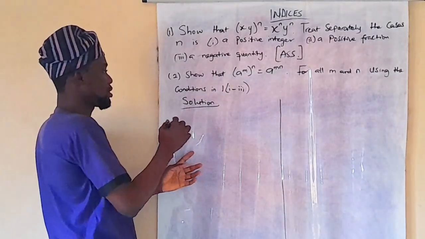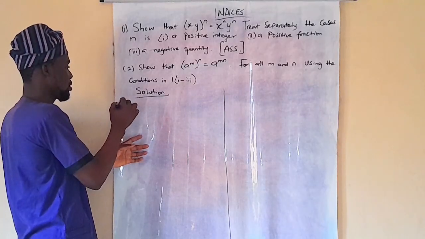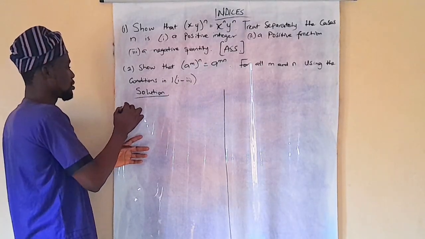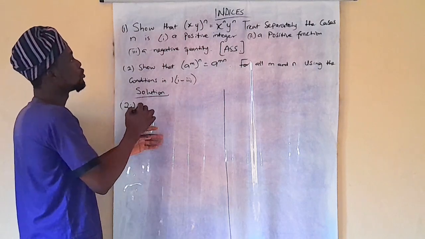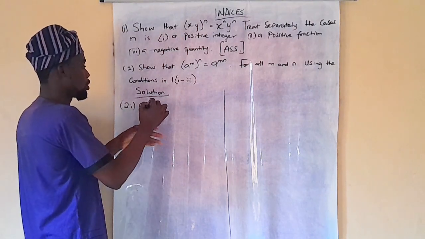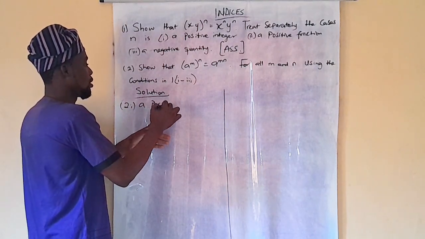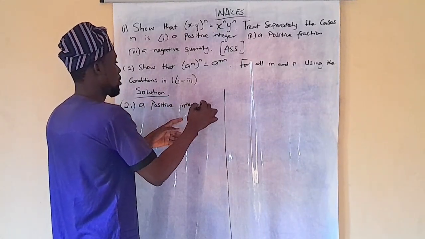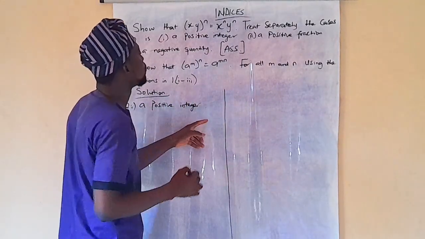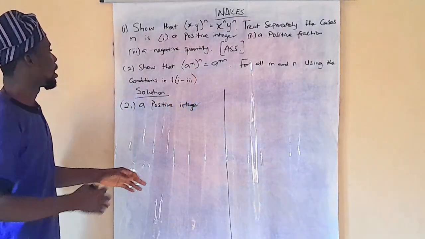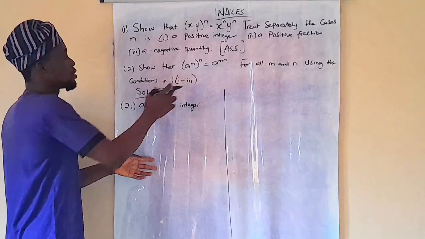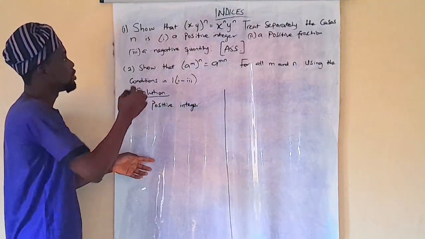So, how do I then solve for this? Now, the idea is, for number 2(i), to show for a positive integer, for all m and n, using the conditions in 1(i) to (iii).